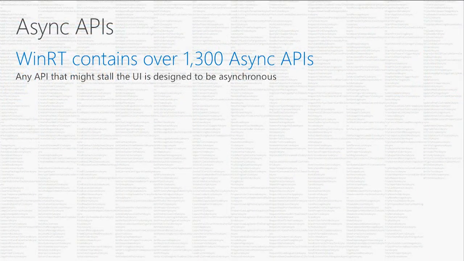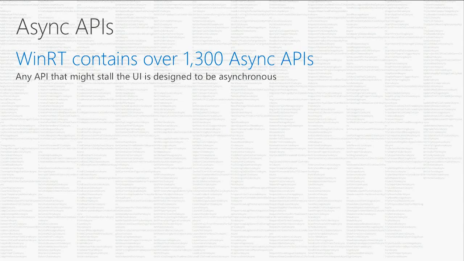The reason that we have so many of these is that we have a general philosophy about approaching APIs, which is if a method is going to take more than, say, 50 milliseconds to execute because it has to hit the disk or the network or something like that, we want to make it asynchronous and push the work off onto a background thread, or sometimes a background process, so that we don't interrupt the user interface thread and the application remains responsive.